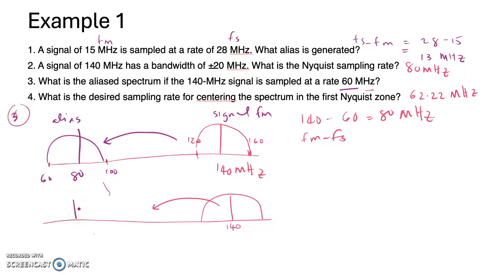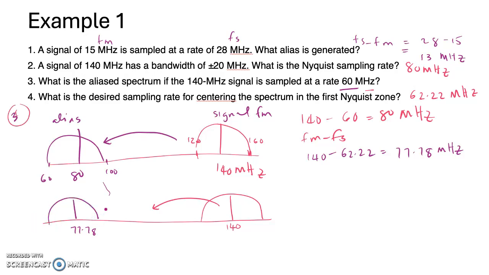So 140 minus 62.22, let me use my calculator, 140 minus 62.22 is 77.78 megahertz.